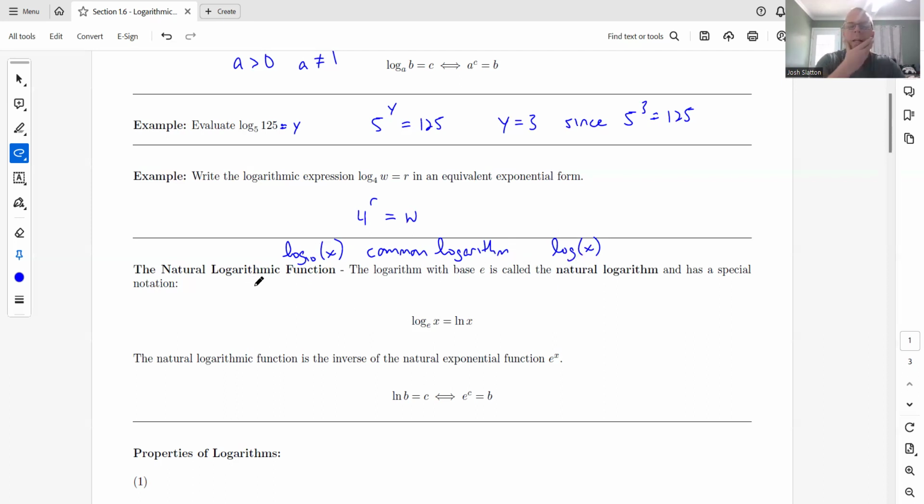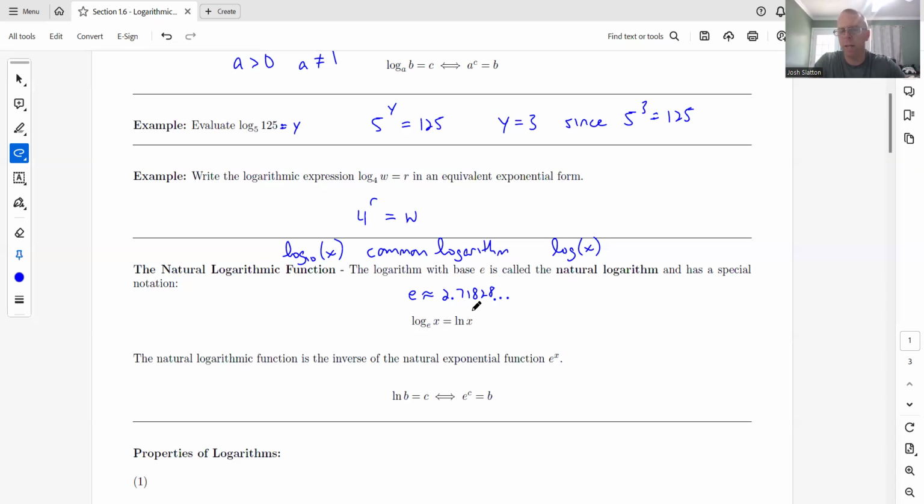The other one that comes up a lot is the natural logarithm function. This is with base e, and we have not talked about e, I don't think, but e is an irrational number, kind of like pi, and it's approximately equal to 2.71828, but it goes on forever, and we'll be using that quite a bit in this class. So the logarithm with base e is called the natural logarithm, and we use ln of x for this.